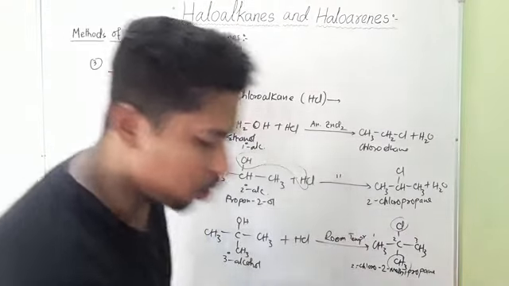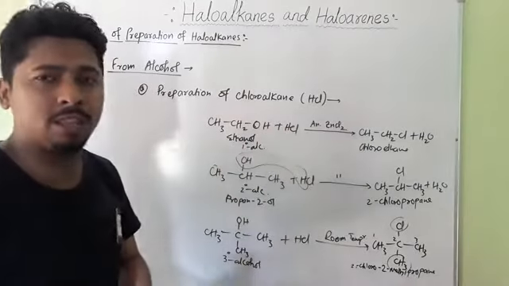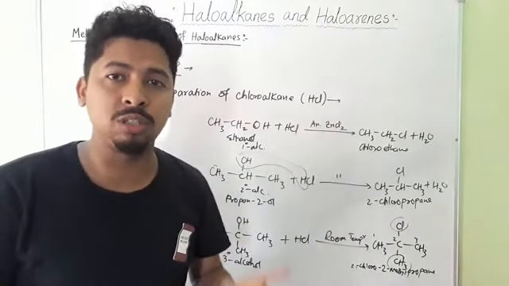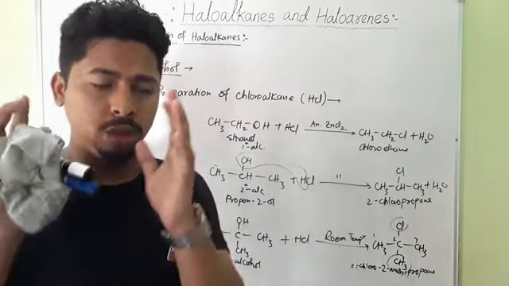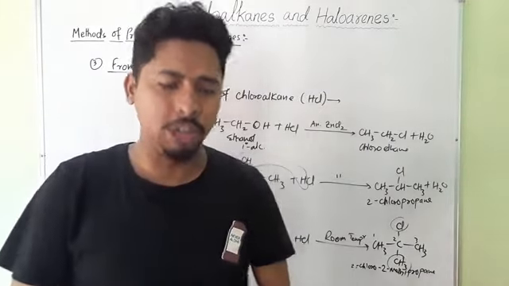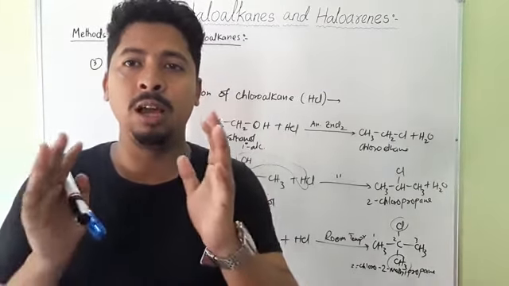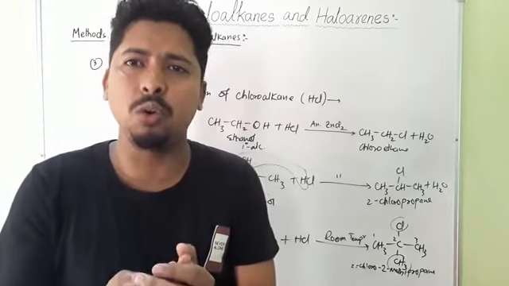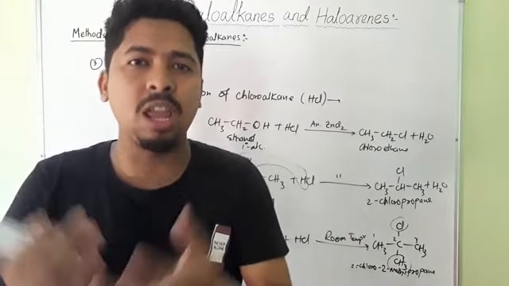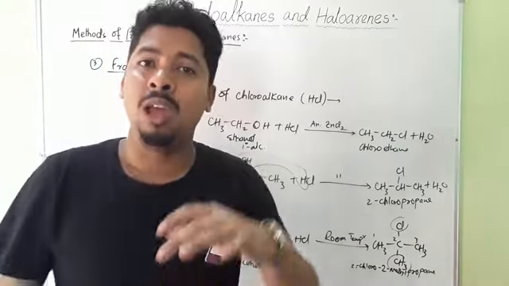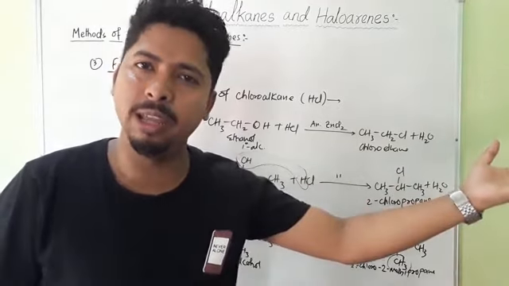Not only with HCl, we can prepare these chloroalkanes with some other reagents. When alcohols are treated with phosphorus chlorides, phosphorus pentachloride or phosphorus trichloride, or with thionyl chloride, you can produce the corresponding chloroalkane.